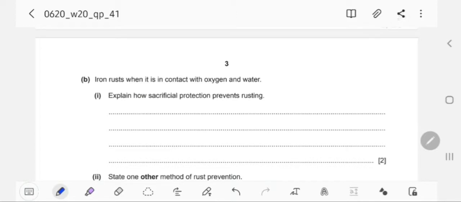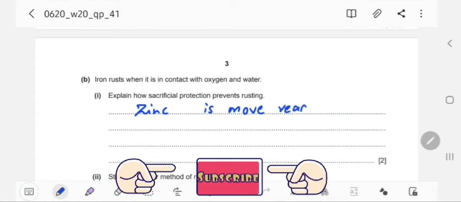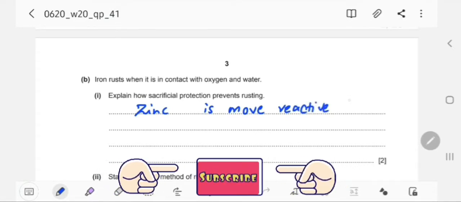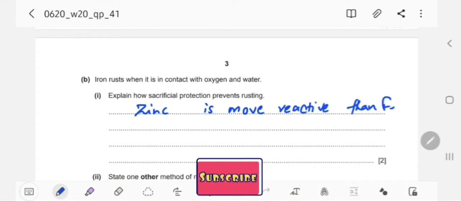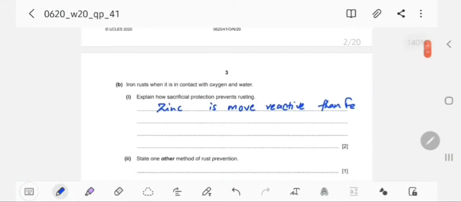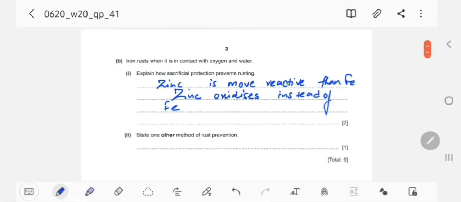Well, the answer says that zinc is the metal which is used in sacrificial protection, zinc is more reactive than iron, and so we can simply say that it corrodes or oxidizes instead of iron. Okay, state one other method of rust prevention. Well, we can use paints, we can apply oiling.